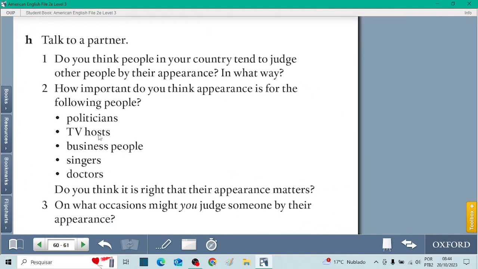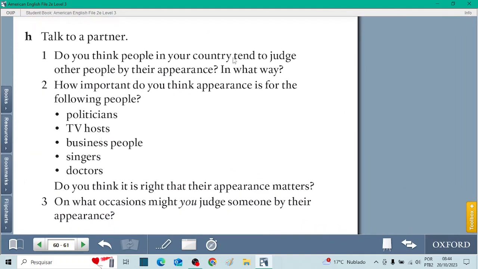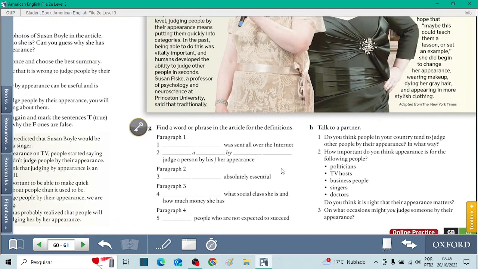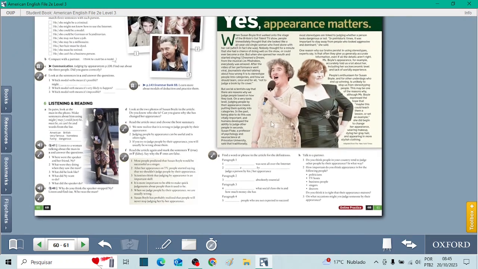Now in letter H, this is more of a speaking practice. You can try to answer these questions by yourself or writing them down in your notebook, okay? Or getting ready to discuss about it in our online class. Great. Fantastic. So that's it.